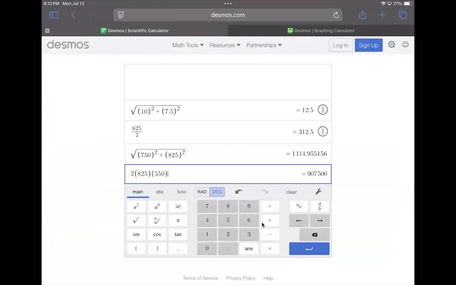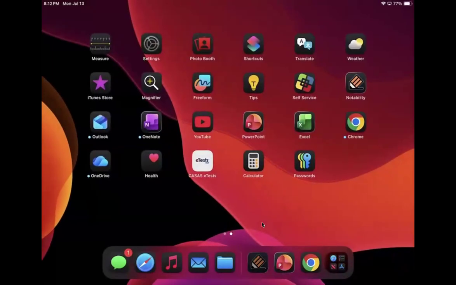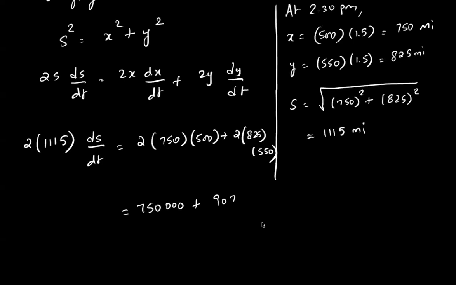Okay, that is 907,500. Okay, this is 2230 ds/dt. So ds/dt is this plus this over that.